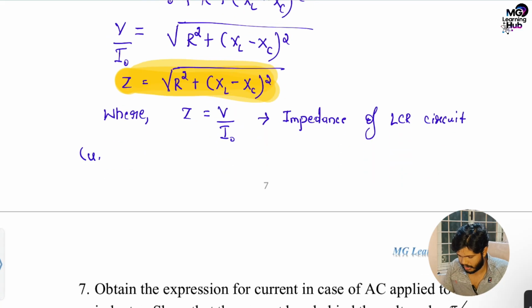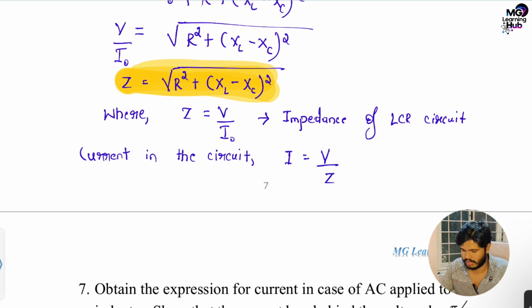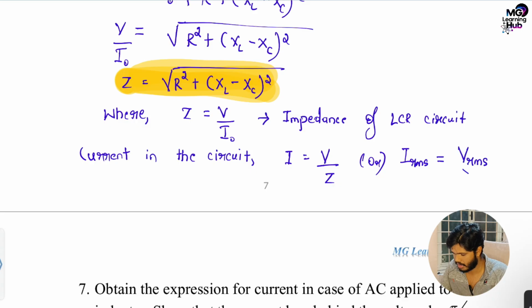Now the current in the circuit will be I is equal to V by Z, or in terms of RMS, I RMS is equal to V RMS by Z. This is the expression.